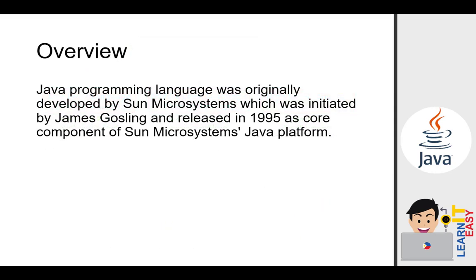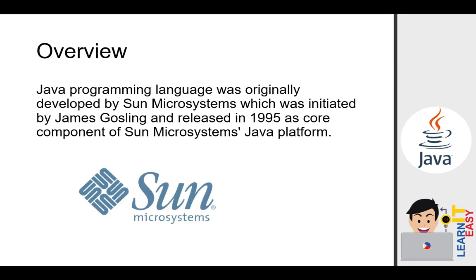An overview of Java. The Java programming language was originally developed by Sun Microsystems, which was initiated by James Gosling and released in 1995 as a core component of the Sun Microsystems Java platform.